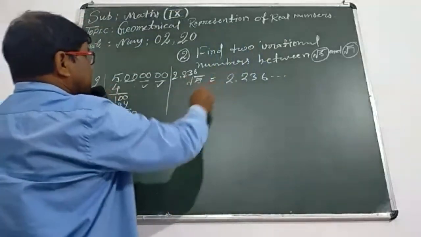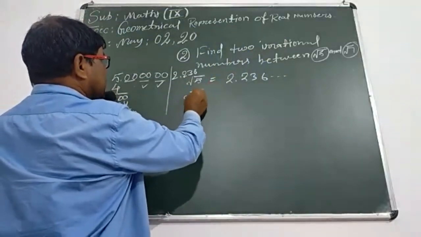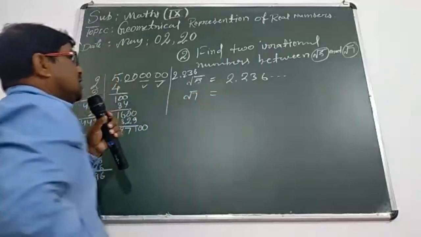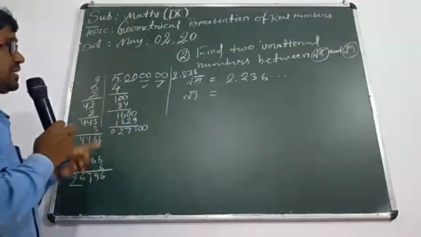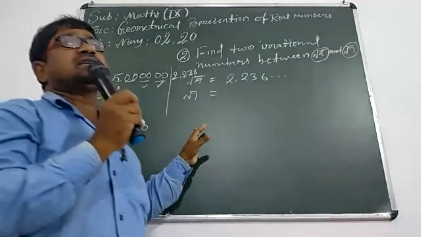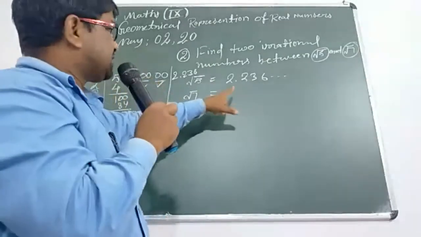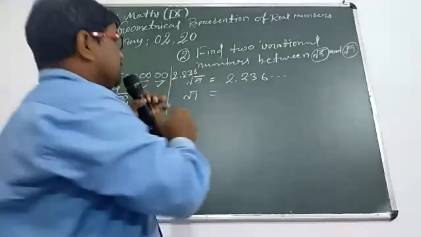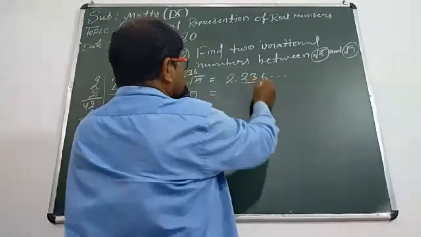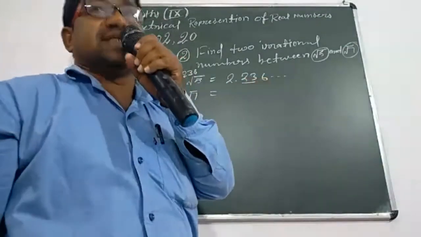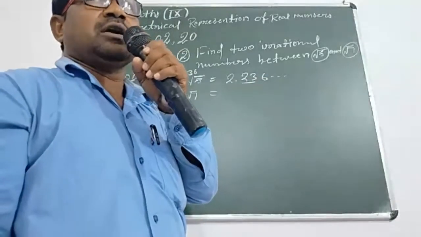Now student, similarly in under root 7, you will go in this process, find the square root in approximate value. Then you should mind these 2 digits after decimal in the decimal block.